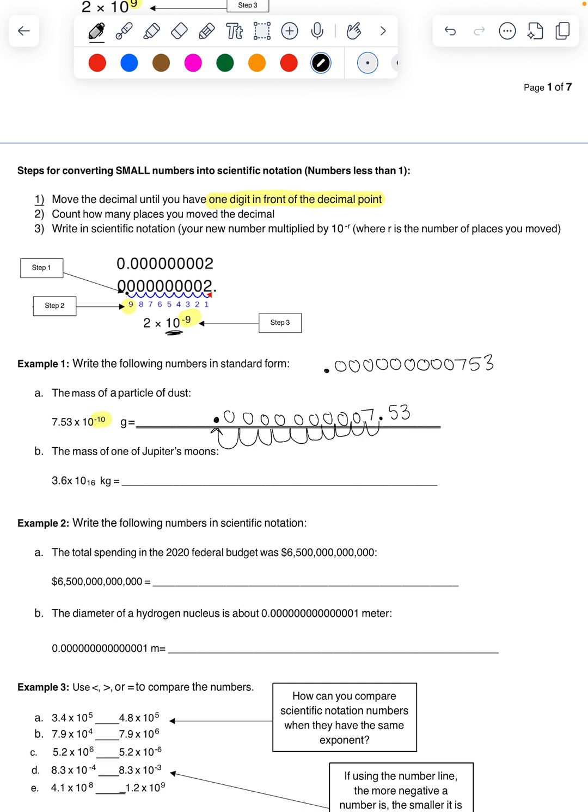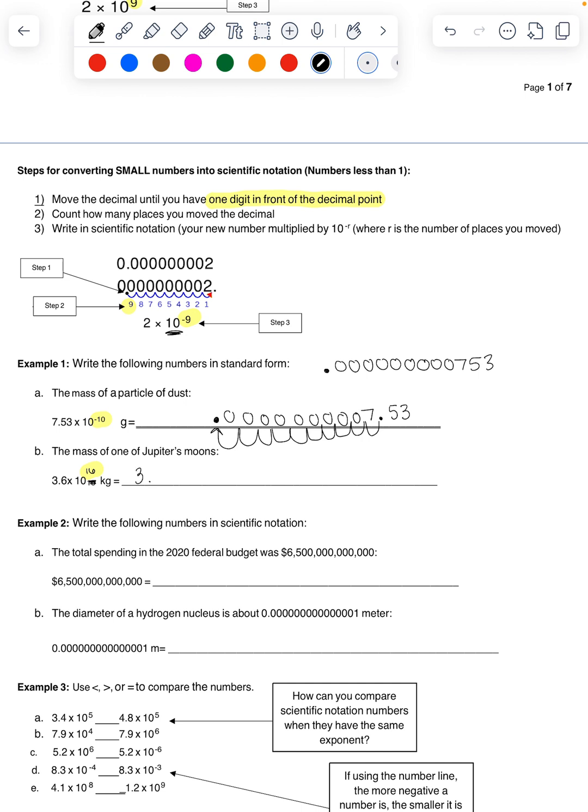The mass of one of Jupiter's moons is 3.6 times 10 to the 16th. So I know that since I have a positive exponent, that means I'm moving the decimal to the right. I'm moving the decimal to the right 16 times.